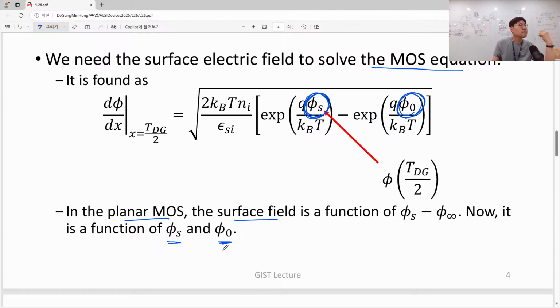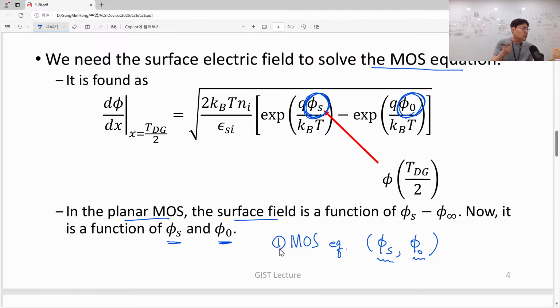Well, then when we include this expression, now there is one equation, the MOS equation, but it is a function of surface potential and midpoint potential. So this equation cannot be uniquely solved because we have two unknown variables and only one equation.